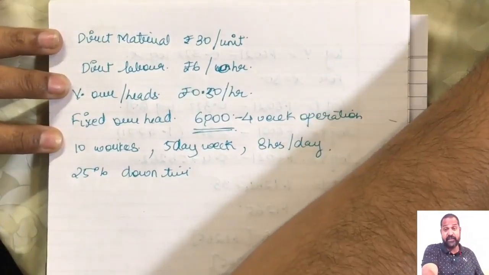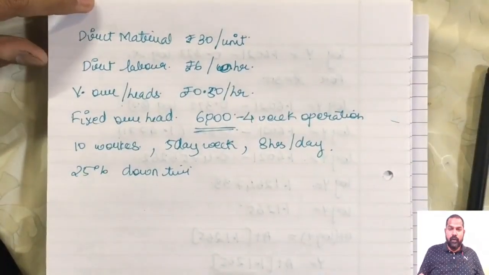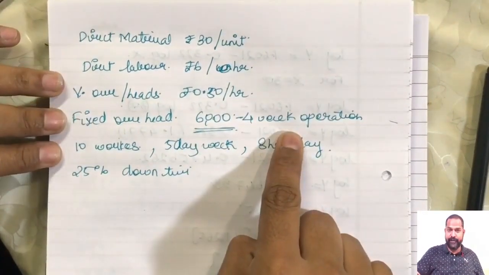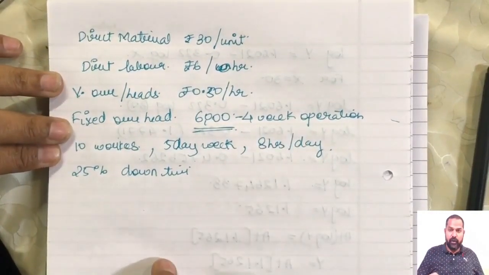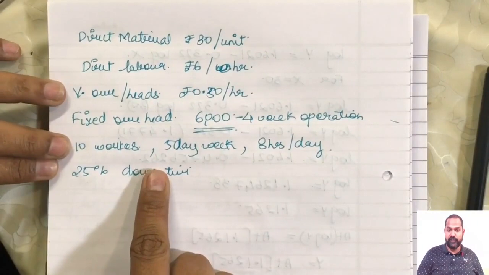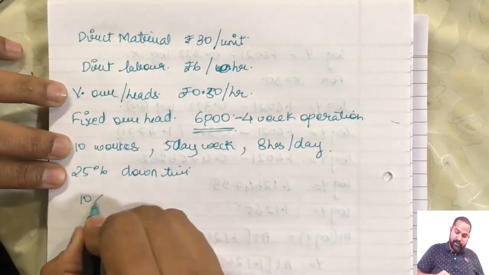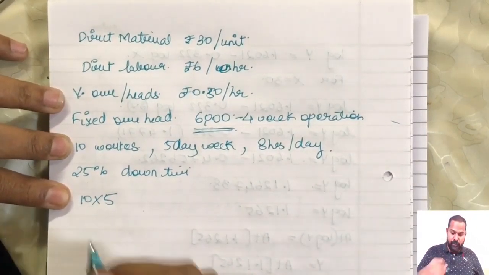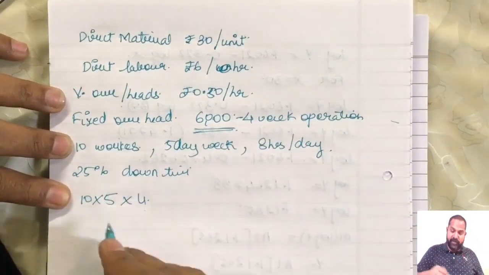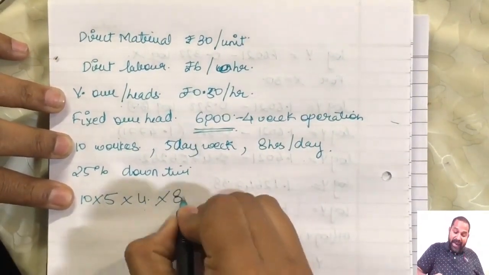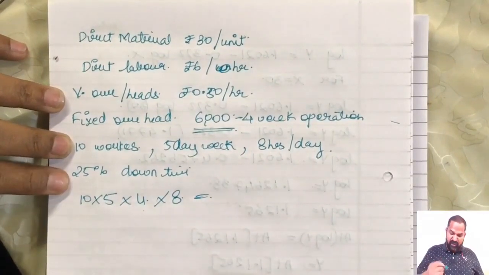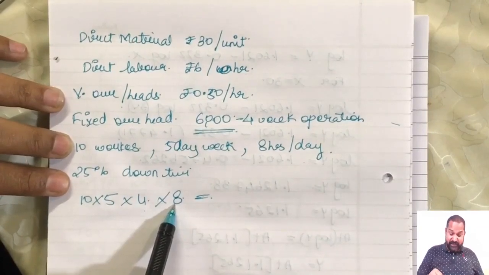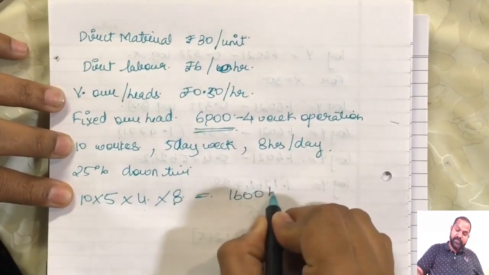So let me understand this well. You are charging me 6,000 for a 4-week operation. Let me find out how much work goes through in a 4-week operation. There are 10 workers working a 5-day week, so I multiply by 4 weeks and 8 hours per day. 5 fours are 20, 20 into 8 is 160, 160 into 10 is 1600 hours.